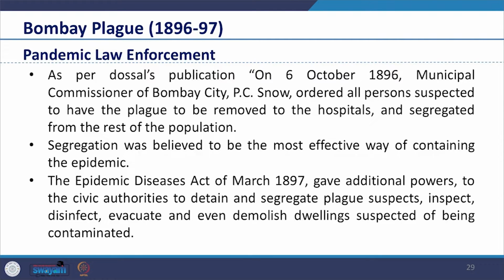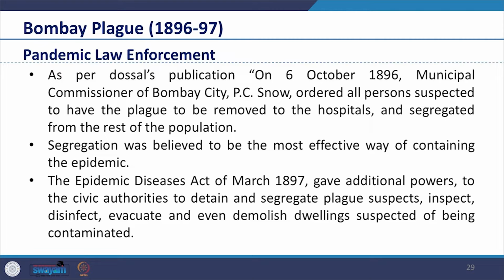As per Dosal's publication, on 6th October 1896, the Municipal Commissioner of Bombay City, P.C. Snow, ordered all persons suspected to have the plague to be removed to the hospitals and segregated from the rest of the population.